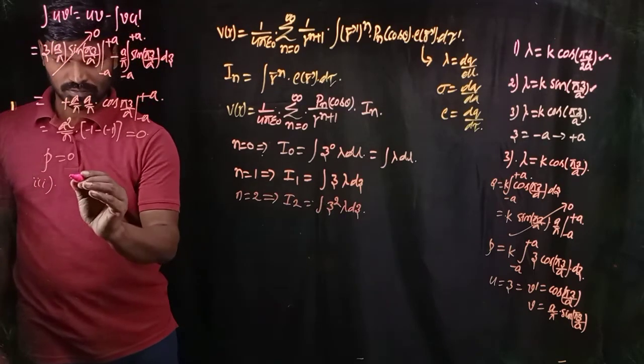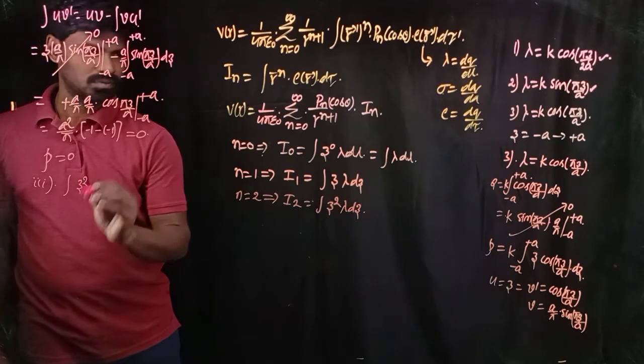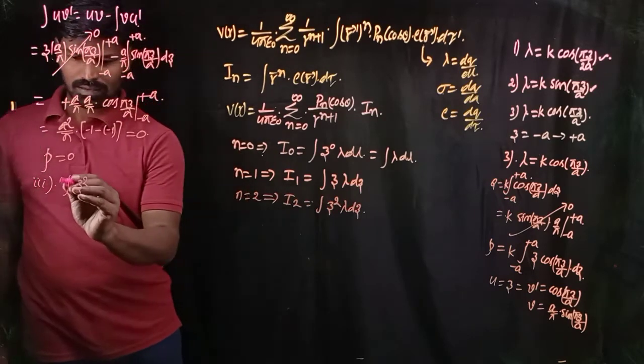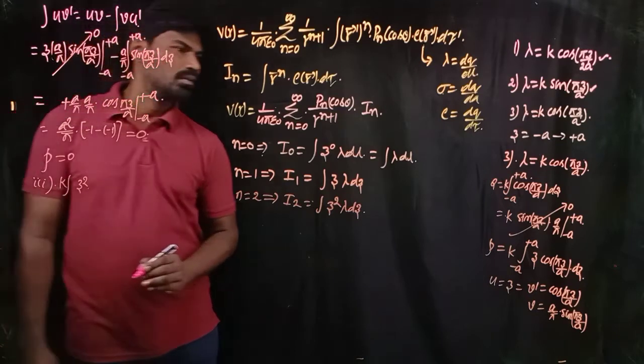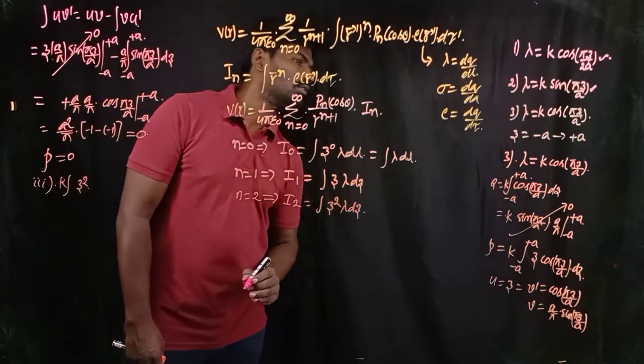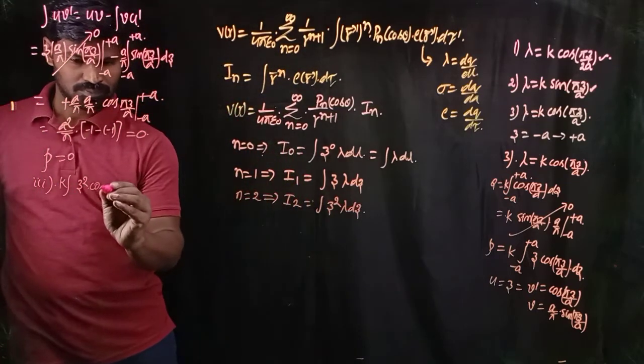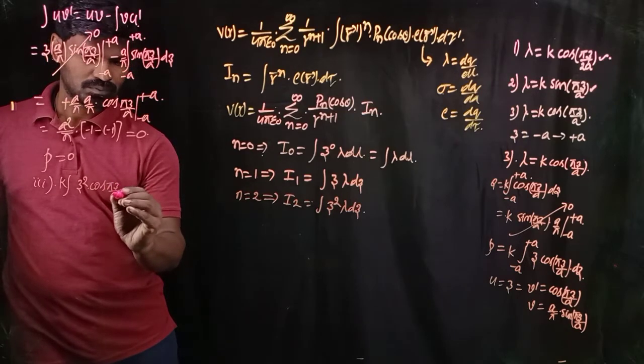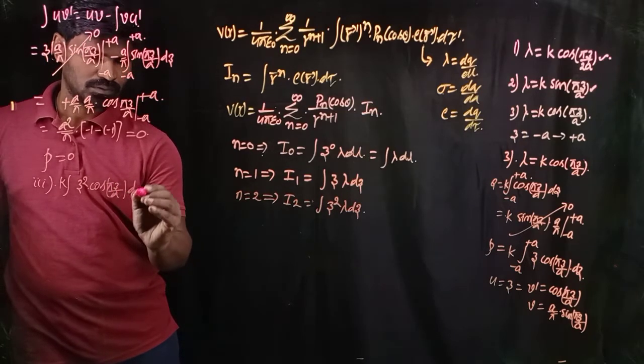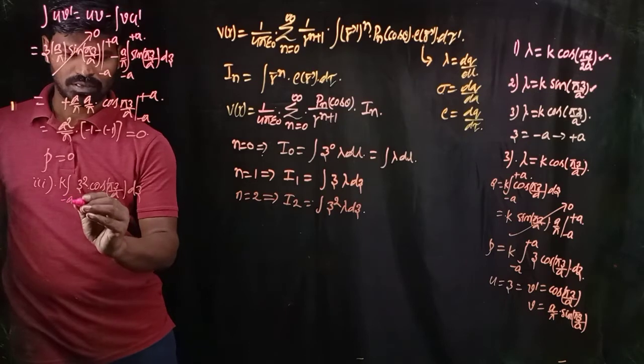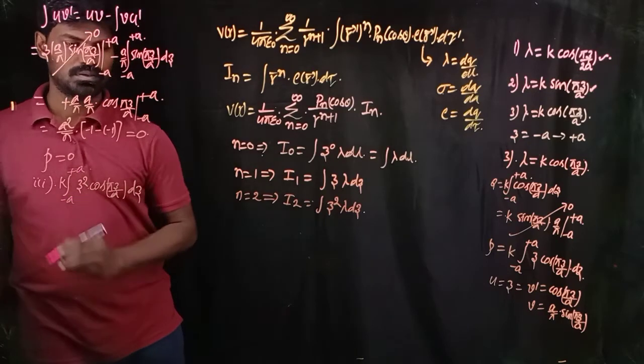That is the integral of z square into k into cos(pi z by a) dz between the limits minus a/2 to plus a/2.